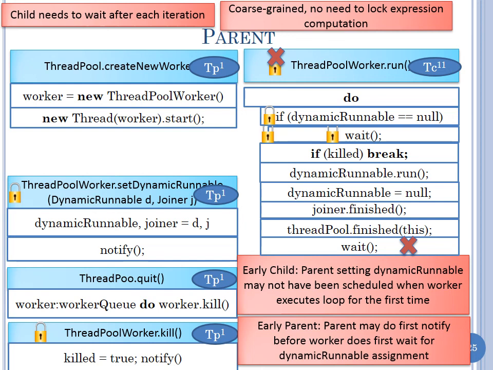Couldn't we get the same weaving issue where the notify doesn't actually get to the wait? Because we could have a scenario where we check if killed and it hasn't been killed, but then the notify happens and then we wait. It's the same thing you're talking about with the set dynamic runnable. No, that's what we have, if killed, before the wait.